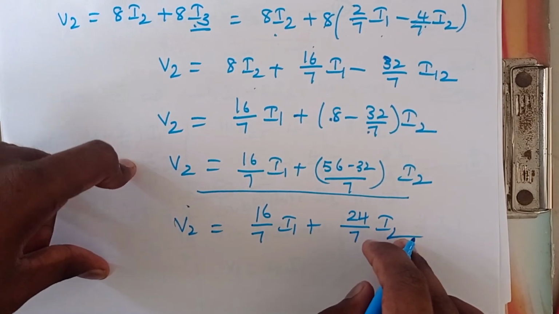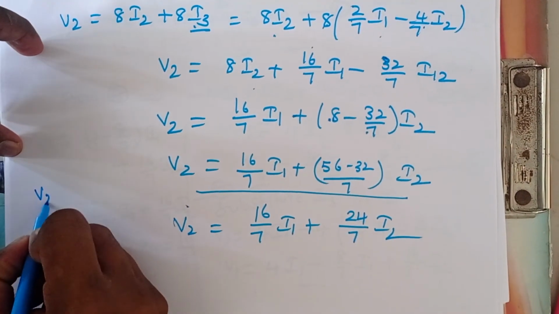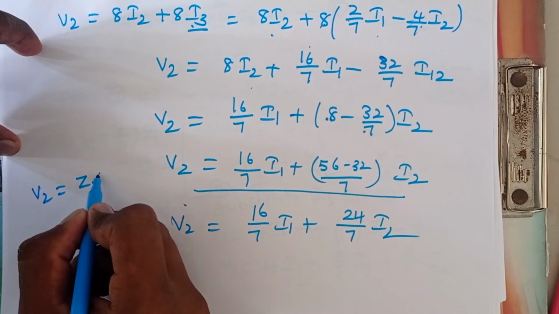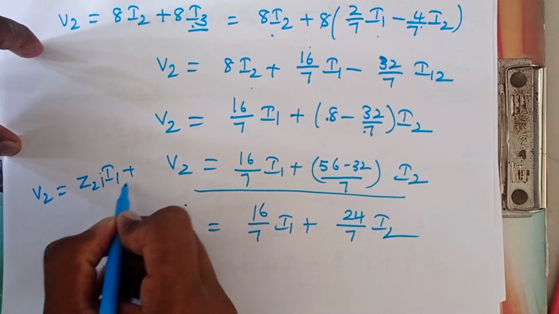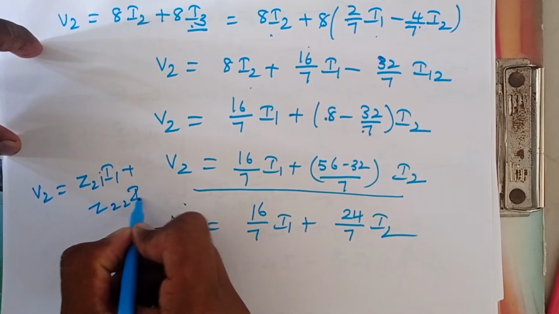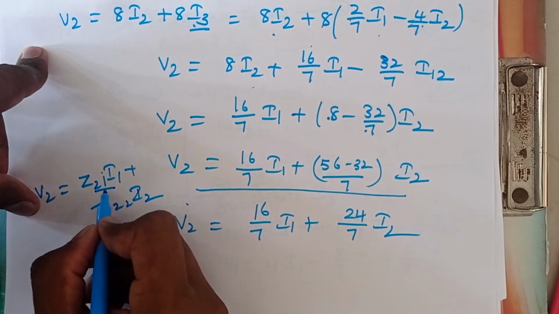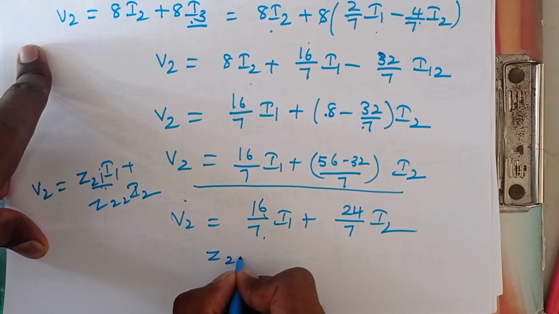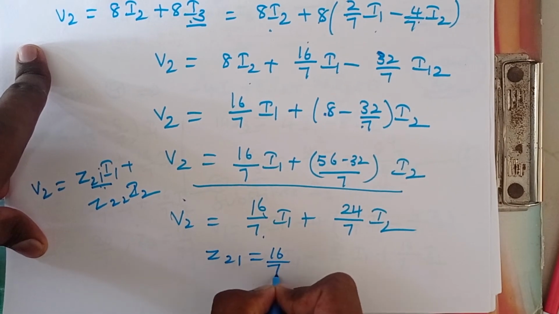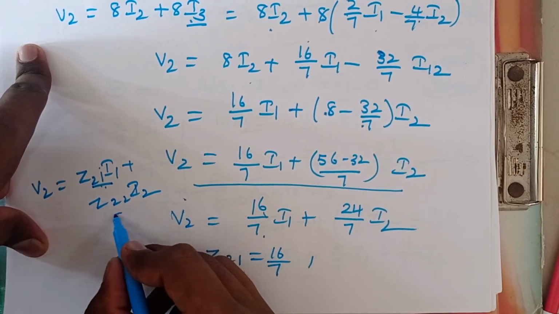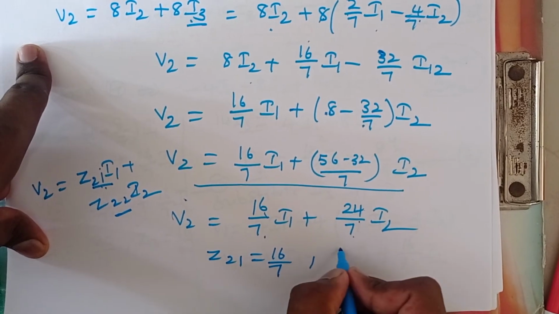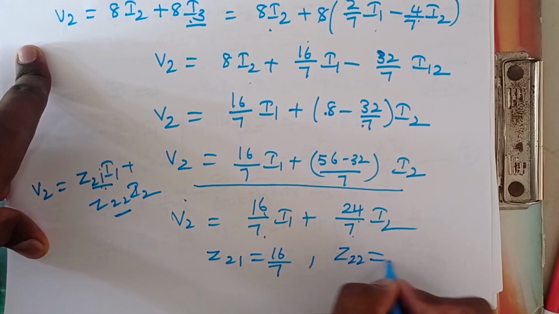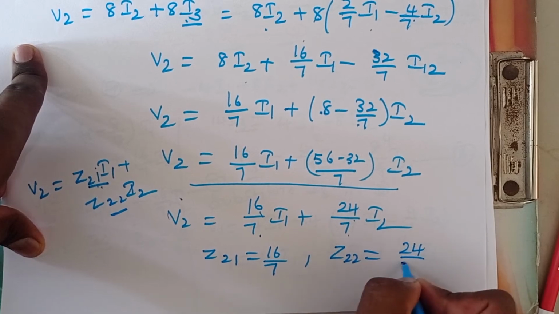Now compare this equation with the standard equation, that is V2 equal to Z21 I1 plus Z22 I2. Here Z21 equal to 16 by 7, and Z22 we have 24 by 7.